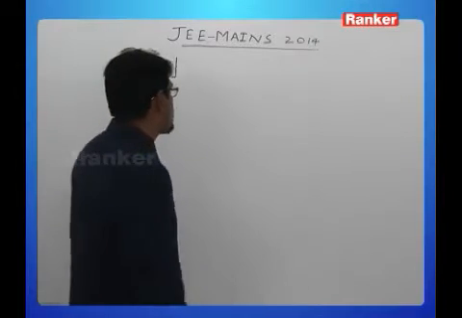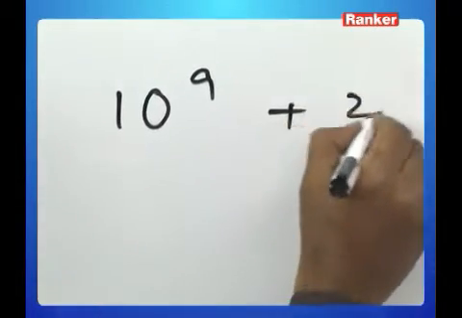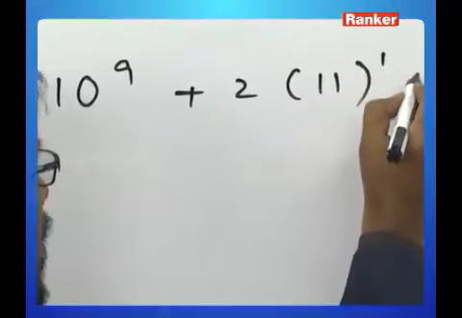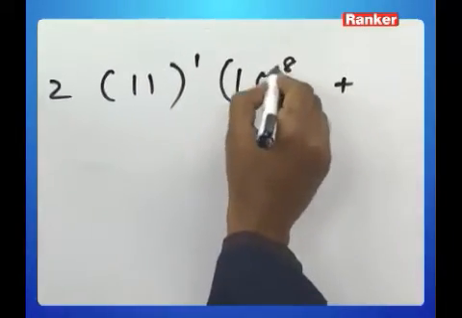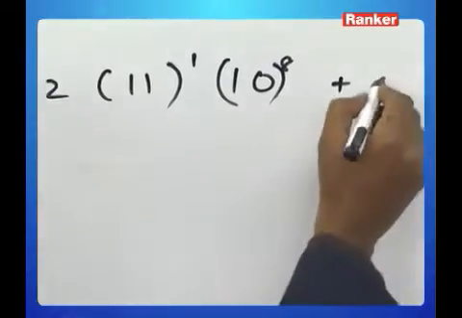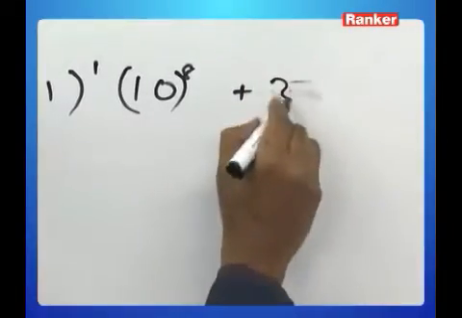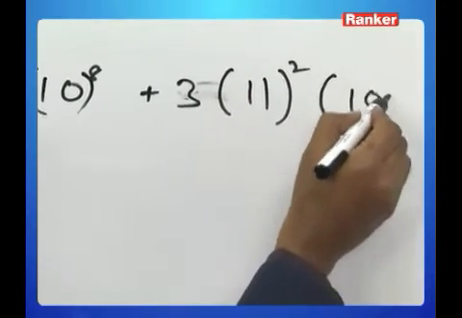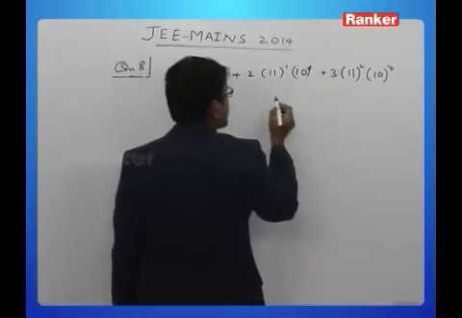So let's have a look at this. What is the series that you are given? 10 power 9 plus 2 into 11 power 1 into 10 power 8, plus 3 into 11 square into 10 power 7.